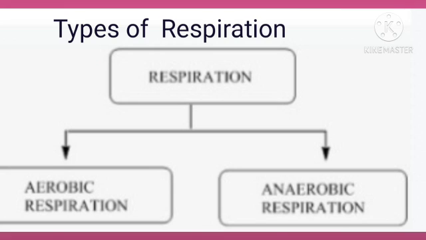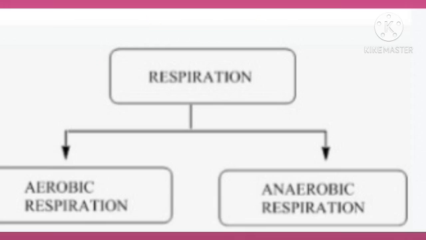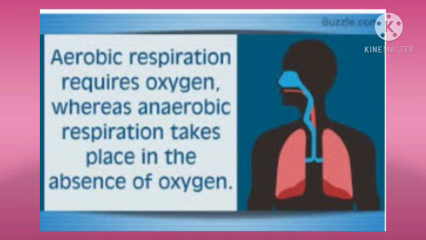Types of respiration. There are two types of respiration based on whether oxygen is used up in this process or not. The first type, aerobic respiration. Most of the organisms require oxygen for respiration. Such a respiration is known as aerobic respiration, and organisms doing it are called aerobes.